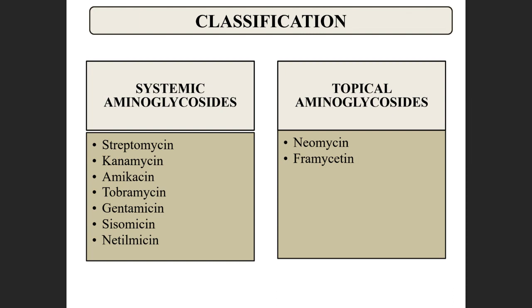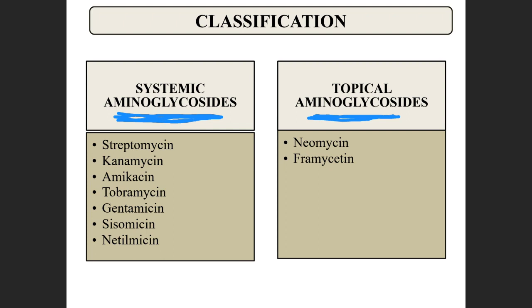The classification of aminoglycosides is divided into two forms. One is systemic aminoglycosides, which are given to the body, get into the blood and show the effect. Another is topical aminoglycosides, which are applied topically on the skin or on a wound.